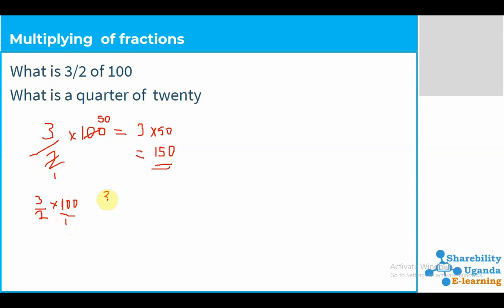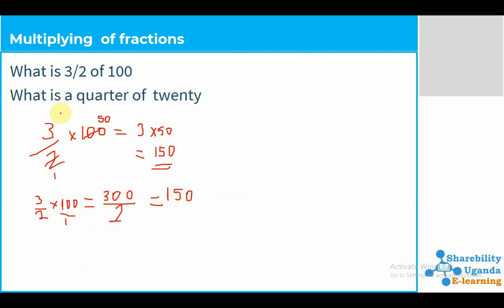Then you get 3 times 100, which is 300, and you divide it by 2 times 1, which is 2. So we shall come up with the same answer here, which is 150. You can see all these methods come up with the same answer.